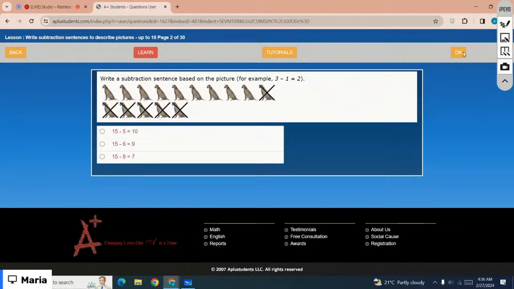Write a subtraction sentence based on the picture. So which is the correct option? You need to count the total one, then the crossed one, and then the ones that are not crossed. So which is the correct option?